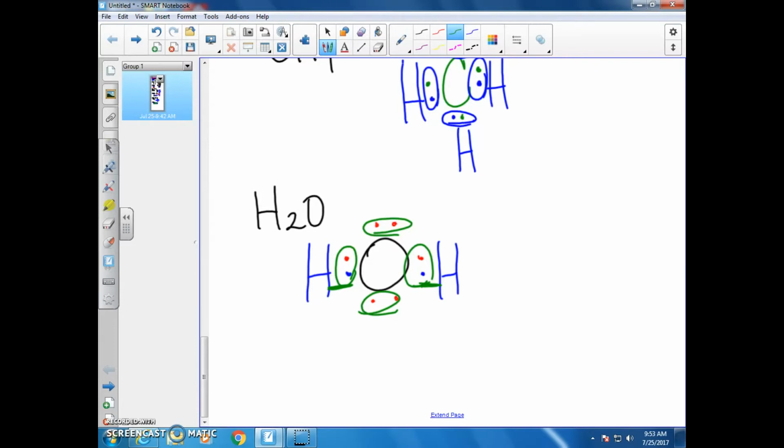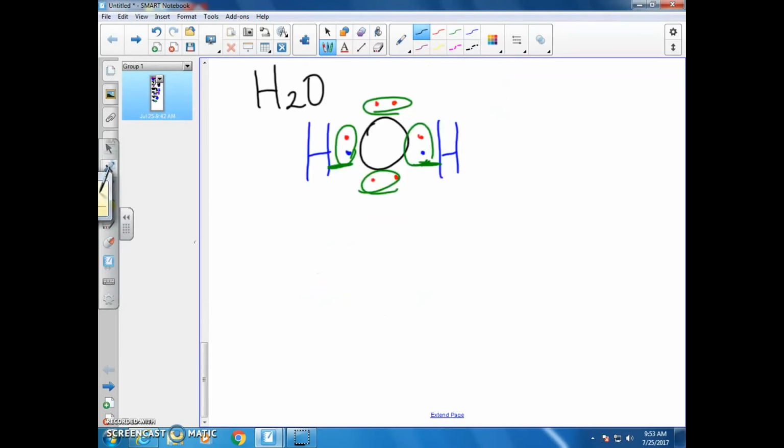Sometimes, however, sharing means that you have to share more than 1 electron with someone, and so we can actually get into things that would bond doubly or triply. So let's look at oxygen, like the oxygen that you breathe. Remember that we said that oxygen has 6 valence electrons, so I'm going to draw this oxygen with 6.